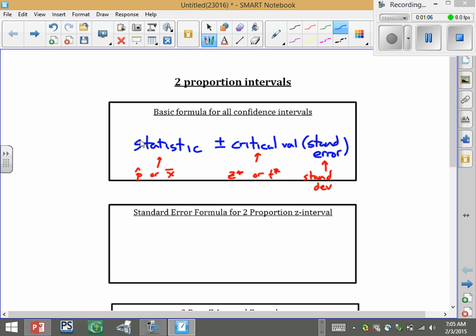So you end up with p hat 1, q hat 1 over n1, and you add p hat 2, q hat 2 over the sample size of sample 2, and you take the square root of that. Really, we're adding the two variances, and then we come back and take the square root to get the standard deviation.